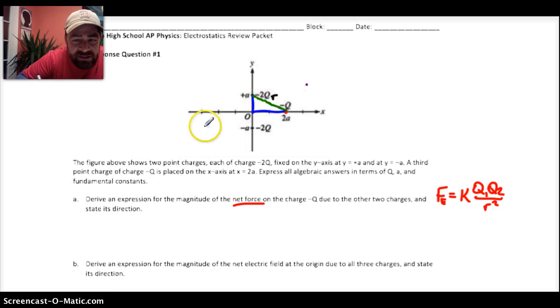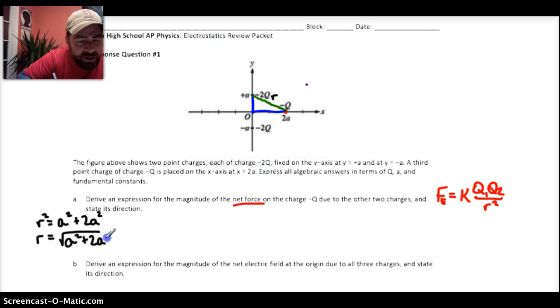We should recognize that this is a right triangle, and I can use the Pythagorean theorem. So r squared is going to be equal to the sum of a squared and, in this case, 2a squared. And so therefore I can say that r, which is the important dimension, is going to be equal to the square root of a squared plus 2a squared. In this case, 2a squared becomes 4 times a squared.